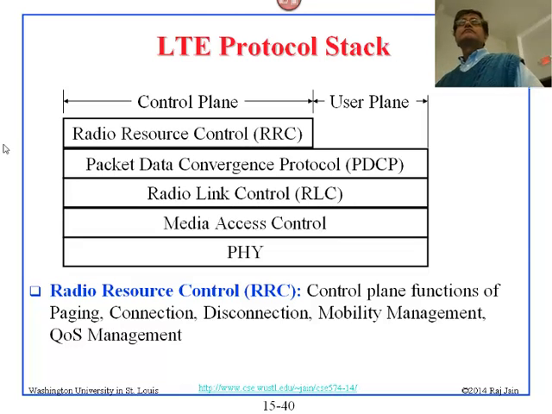For the RLC, the HARQ there is just for the lost PDUs. If MAC didn't fix it, then it won't give it to you. Whatever it didn't get from MAC, it will just ask for the retransmission. It has a safety.